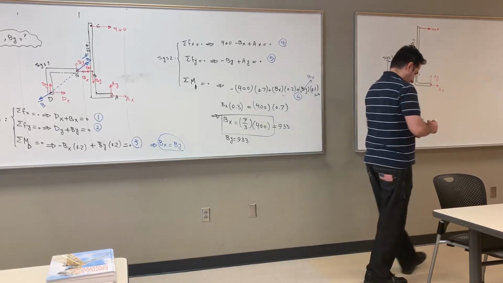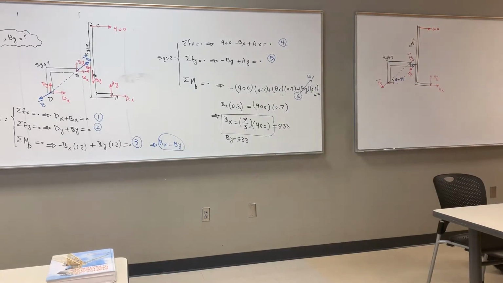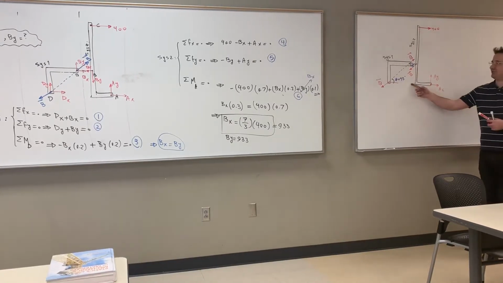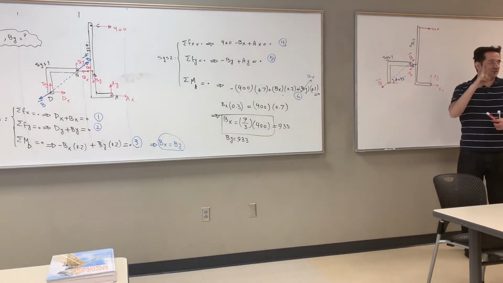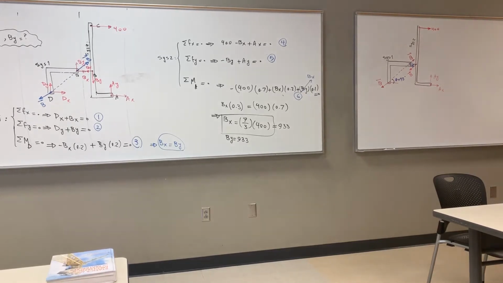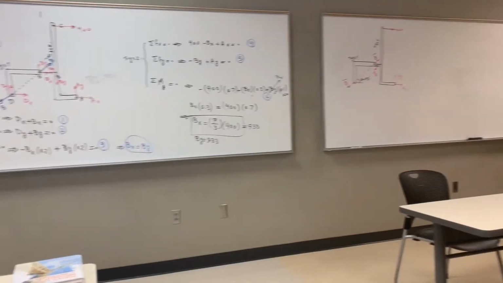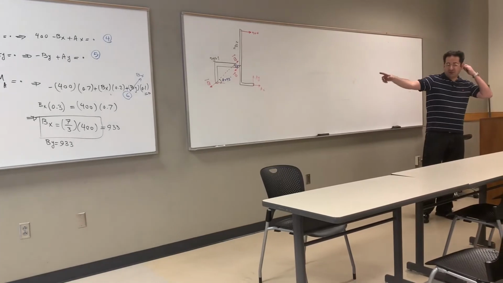Now, I want to solve this problem. How many unknowns do I have? 3. So in fact, I can just consider this system. Instead of 2 systems, I can accelerate my job and solve the problem with just 1 system.